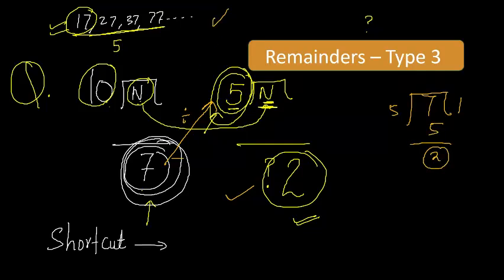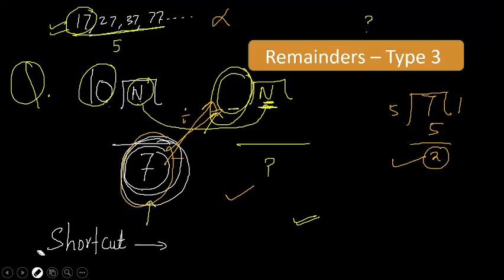Don't assume, don't waste time in that. The shortcut is to divide this by this. Done. The answer is 2. Now tell me, if I change the divisor here, let's say it is 2, then what will be your answer?